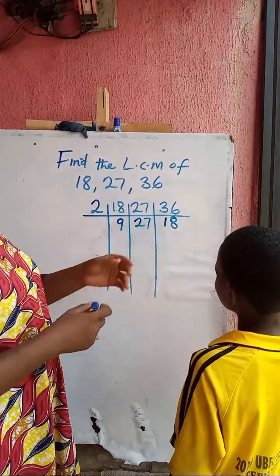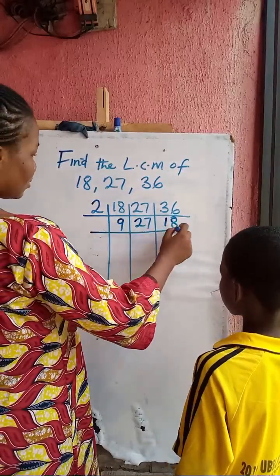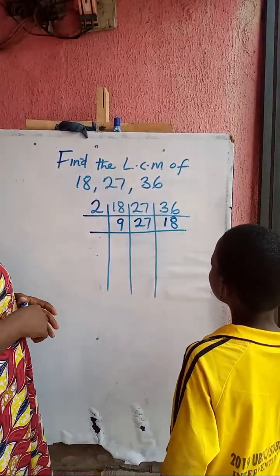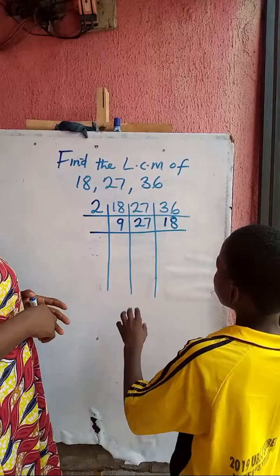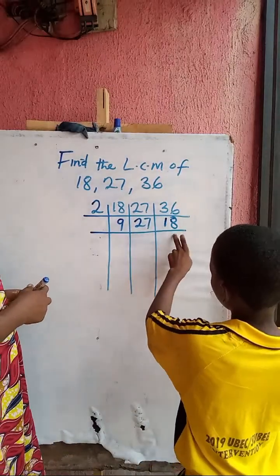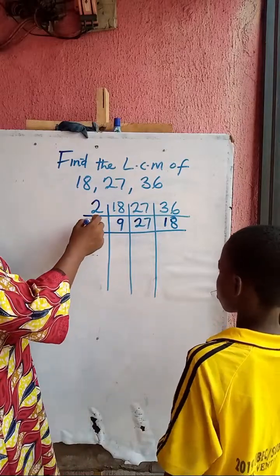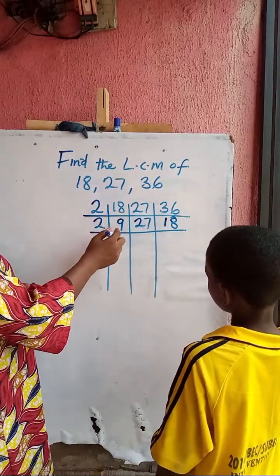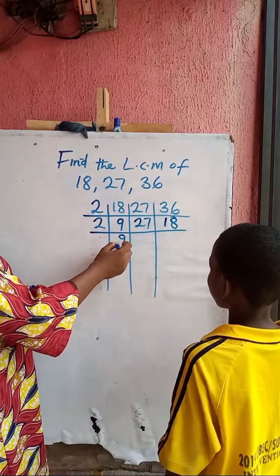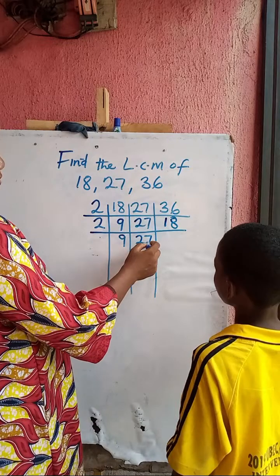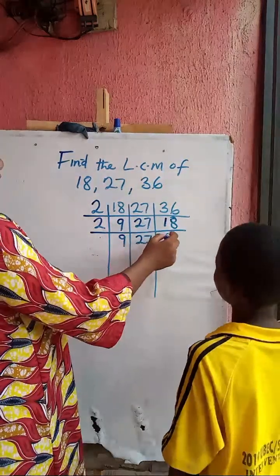Now let's look at the number that can go next. 3 can go into this 27, but cannot go into 18, so we are still using 2. 2 cannot go into 9, so we'll bring down 9. 2 cannot go into 27, so we bring down 27. And 2 into 18 is 9.